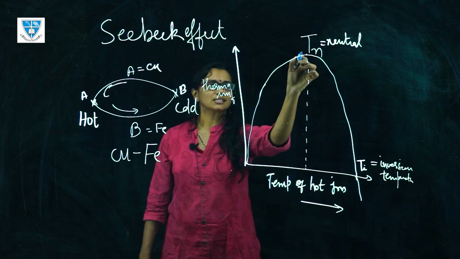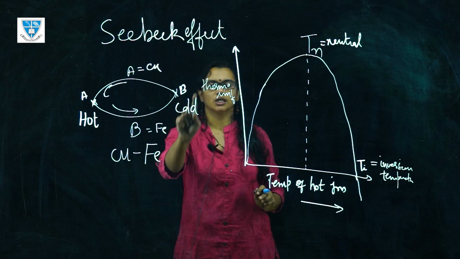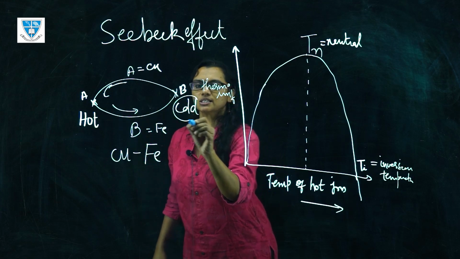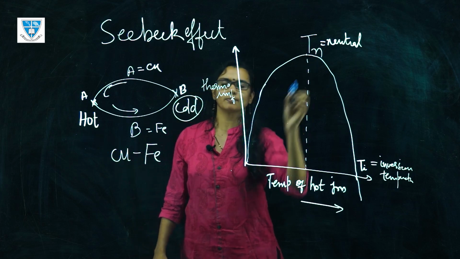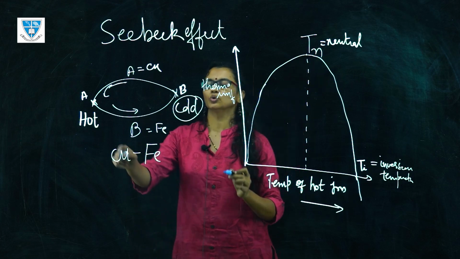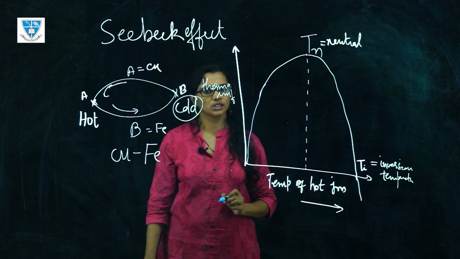The neutral temperature is independent of the temperature of the cold junction. The hot junction is being heated, so the neutral temperature depends on the hot junction: at a particular value of the hot junction temperature, you have the neutral temperature.